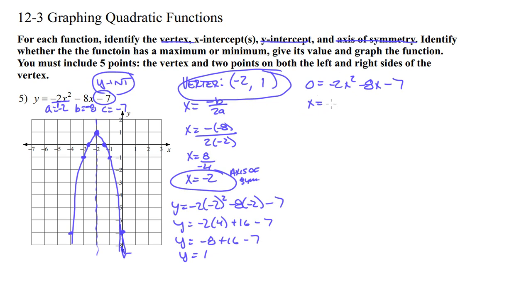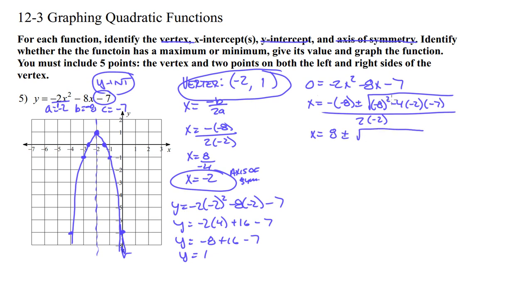X equals negative b, which is negative 8, plus or minus the square root of b, which is negative 8 squared, minus 4 times a, which is negative 2, times c, which is negative 7, all over 2 times a, which is negative 2. All right, and then now we just want to simplify. That's going to be 8 plus or minus the square root of... let's get our calculator to help us out.